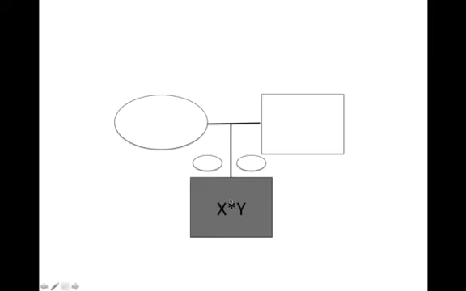Okay, so let's see if we can come up with a rule for this. So in this case, an affected male would be X star Y. Now we know again that X has been inherited from the mother. And so we can ask, is this mother affected? Okay, so in the sex-limited case, we said no because it's sex-limited, so we don't see the phenotype in females.